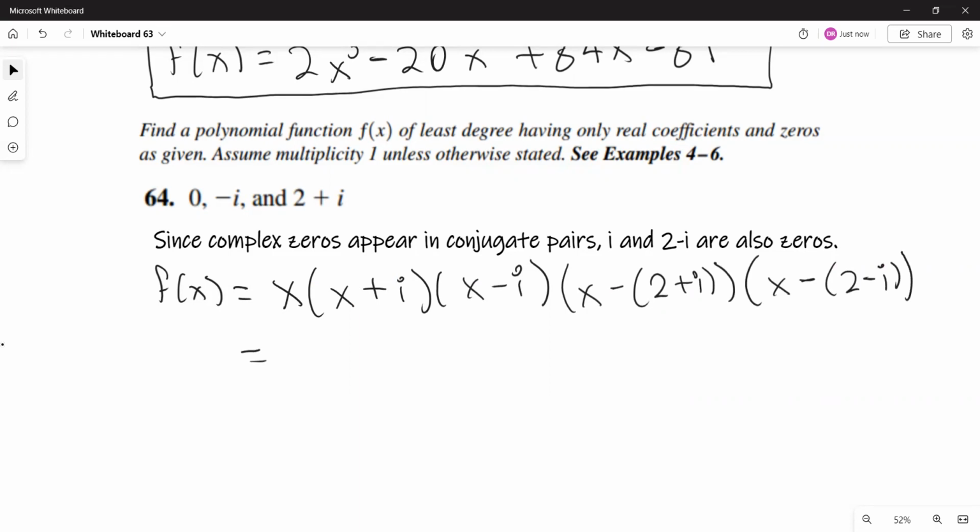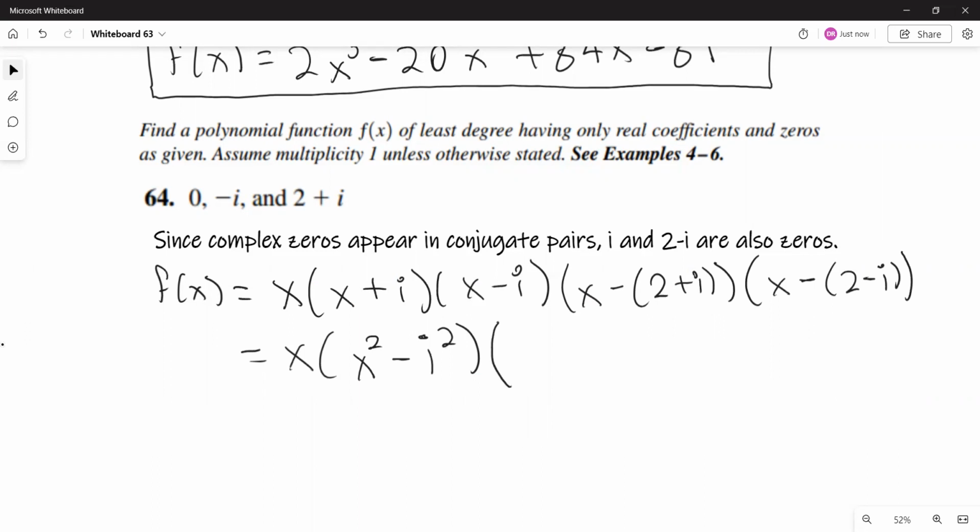So x plus i times x minus i. That's going to be x times, and then we have x squared minus i squared. That will become x squared plus 1. Then I'm going to do the following.